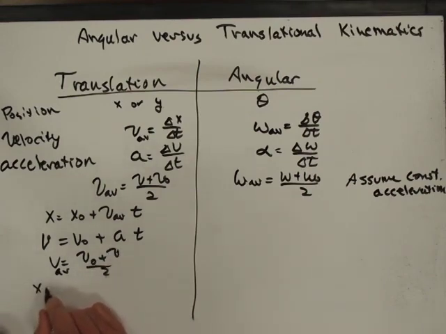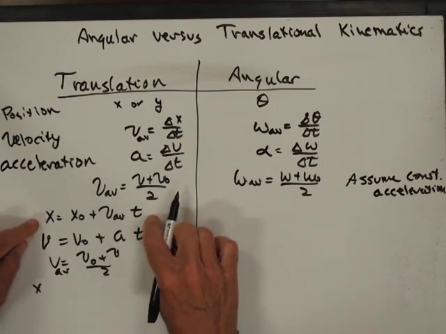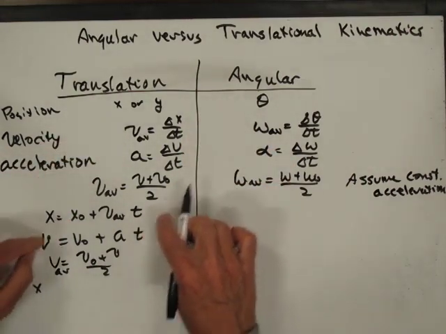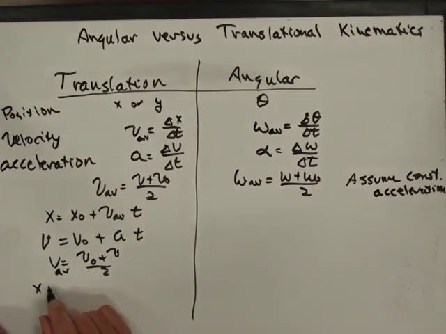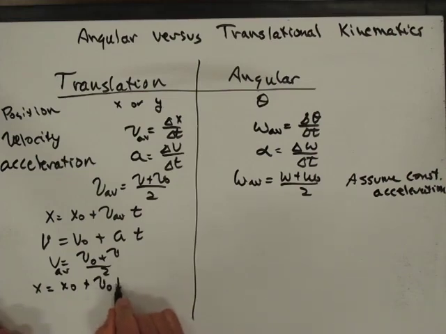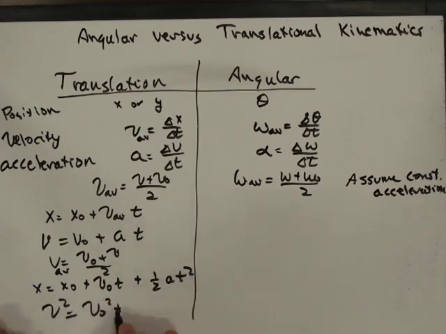This is just a rearrangement of this, this is just a rearrangement of that, and this is just the same as that. And then we used these to get x equals x naught plus v naught t plus 1/2 a t squared, and then v squared is equal to v naught squared plus 2a times x minus x naught, right?